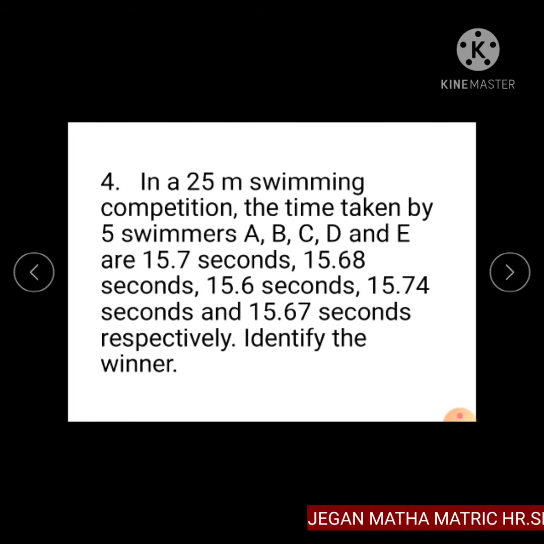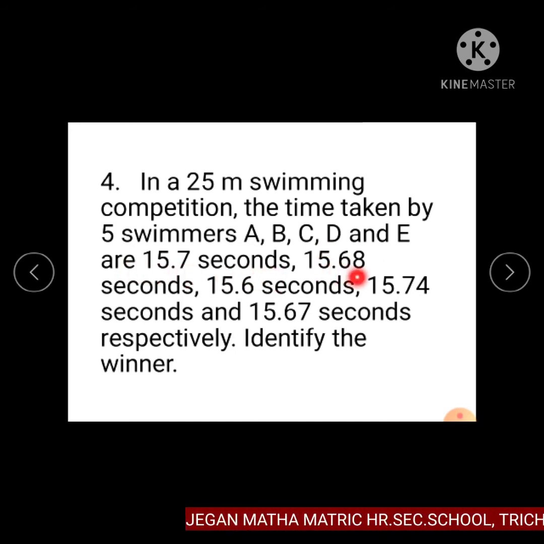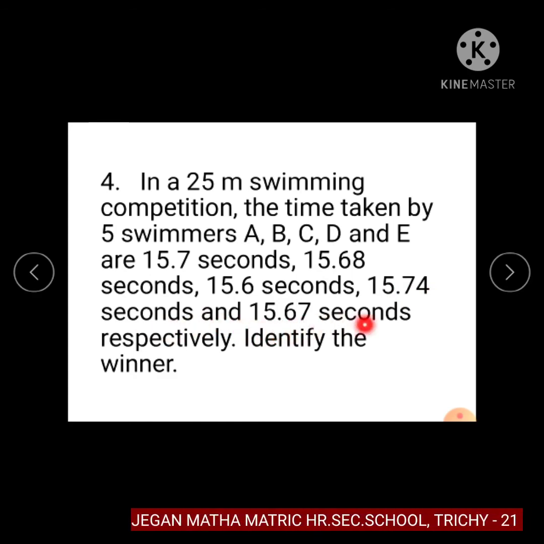Question number 4. In a 25 meter swimming competition, the times taken by 5 swimmers A, B, C, D and E are 15.7 seconds, 15.68 seconds, 15.6 seconds, 15.74 seconds and 15.67 seconds respectively.